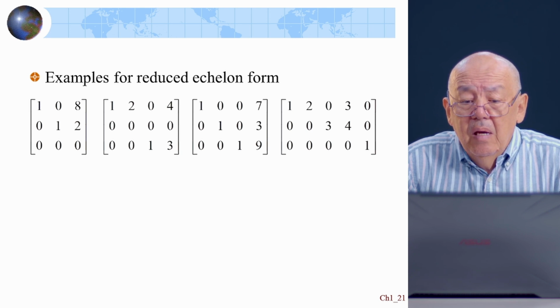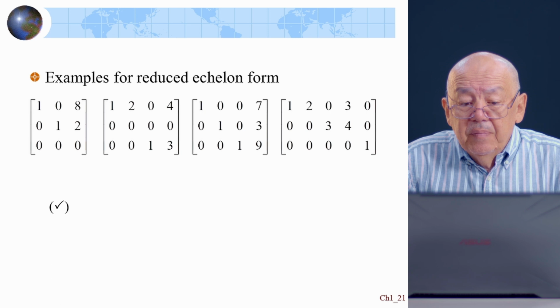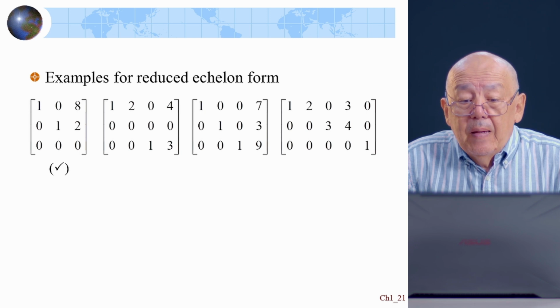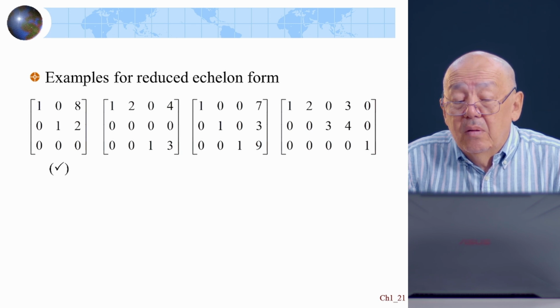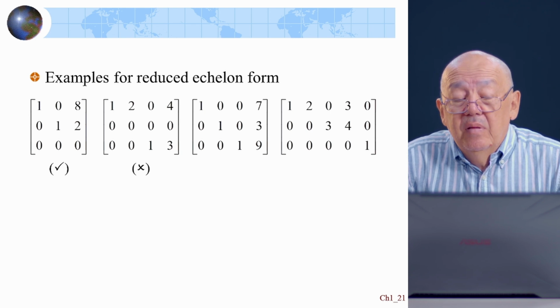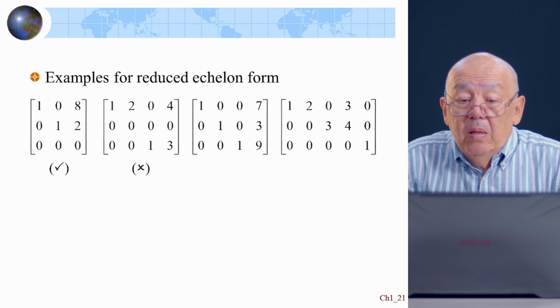This is okay. The second is not, and you see why: a zero row should be at the bottom of the matrix. Here the second row is a zero row, and it is not at the bottom. So this is not in REF. Shortly, we say REF for reduced echelon form.